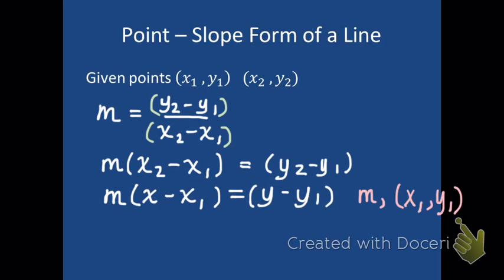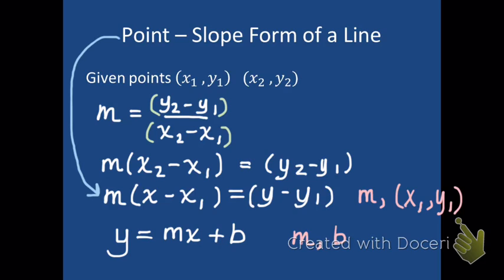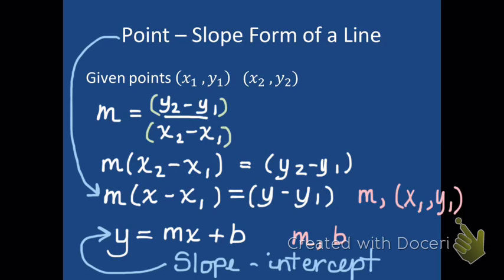We have been using slope-intercept, right? So we know that if we have the slope m and the y-intercept b, I can just put that information into this format and I get the equation of the line written like that. Okay, so let's just label those things. So we've got slope-intercept, we've got point-slope. The important thing to realize is that if we have the slope and one point, we can write the equation of a line.